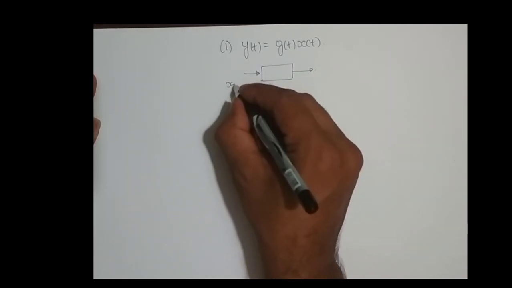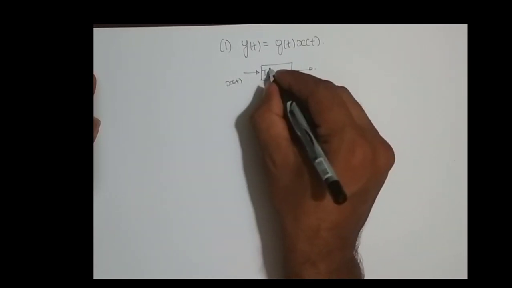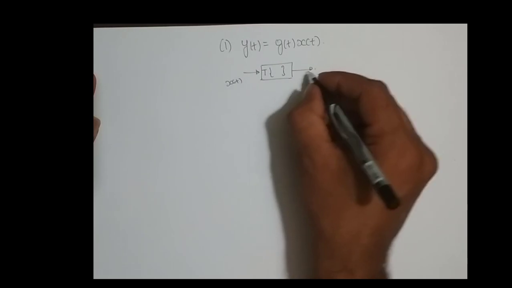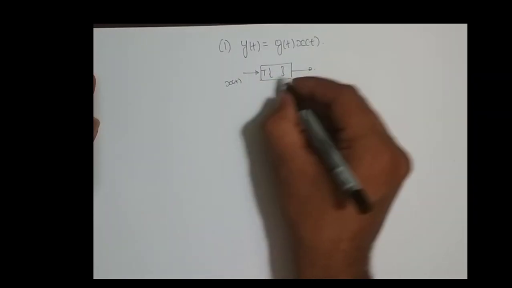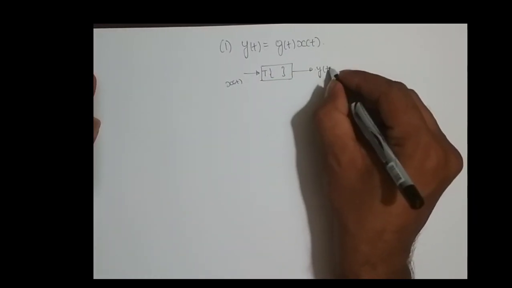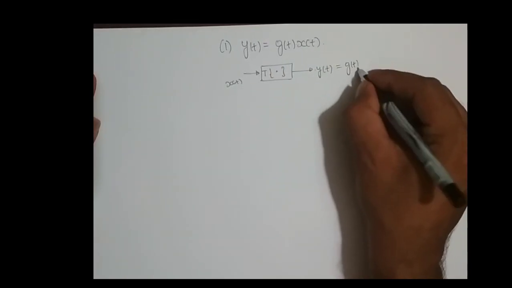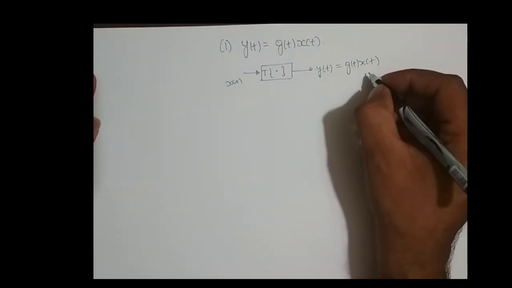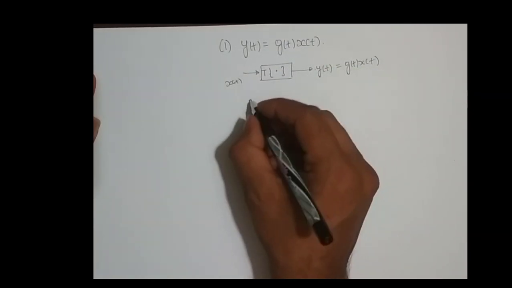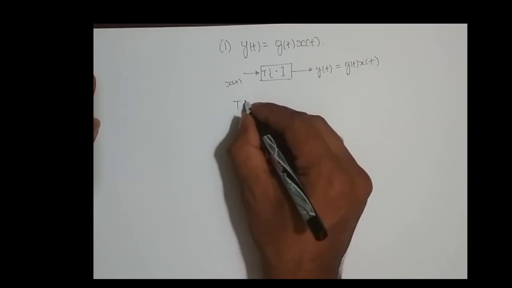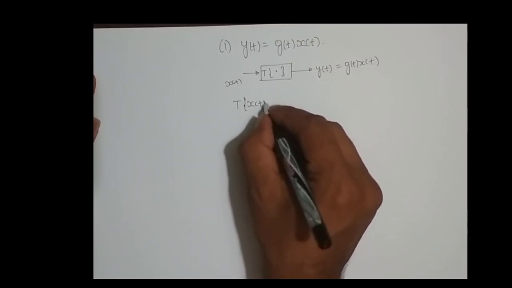We have a system, we feed x of t to it, and we get y of t. And what is y of t? y of t is g of t into x of t, right?